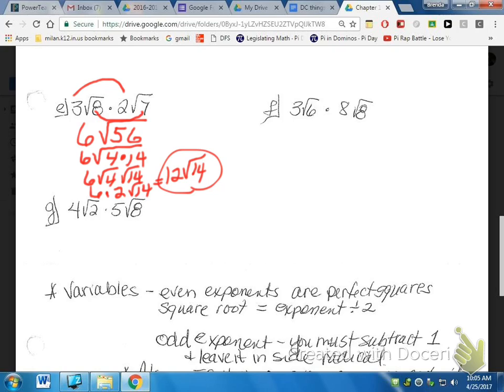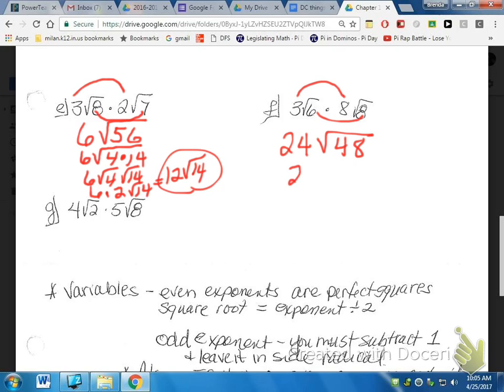Questions about what I just did? Okay, 3 radical 6 times 8 radical 8. So again, the numbers on the outside, 3 times 8 is 24. Radical, the numbers on the inside, 6 times 8 is 48.